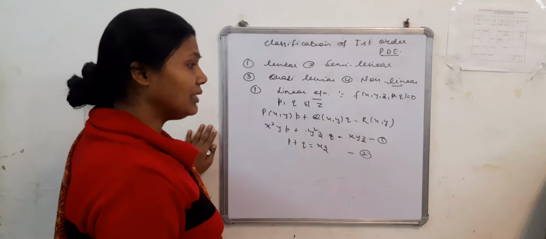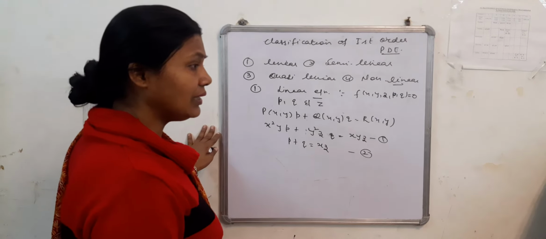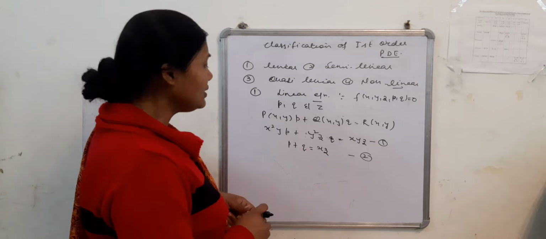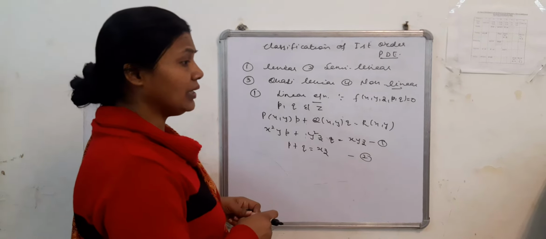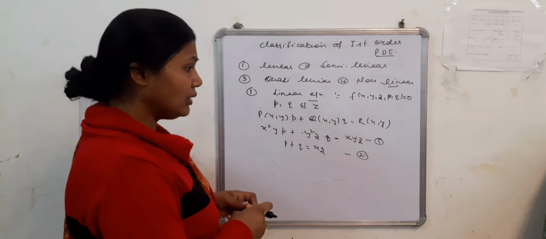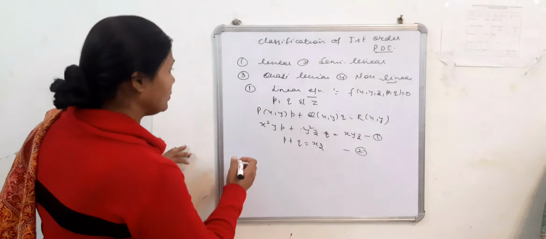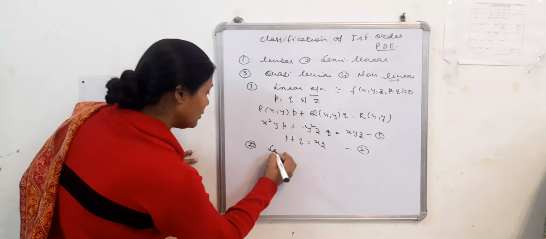The second is semi-linear. A semi-linear differential equation is one which is linear in p and q only.